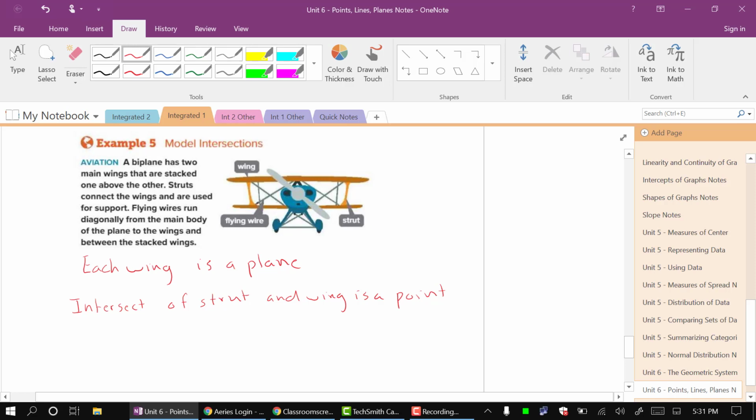And then we have our flying wires, and the two flying wires cross at a point. They cross like right here. I'll highlight it for you, right here, right here. Then our struts point here, point here, point here, and point there.